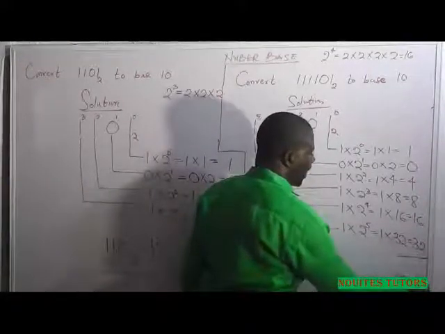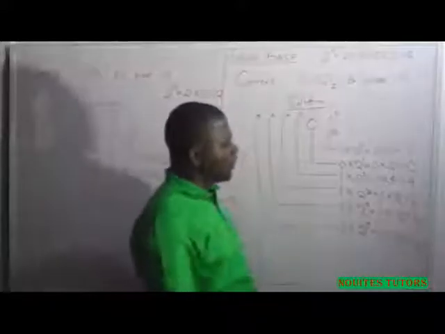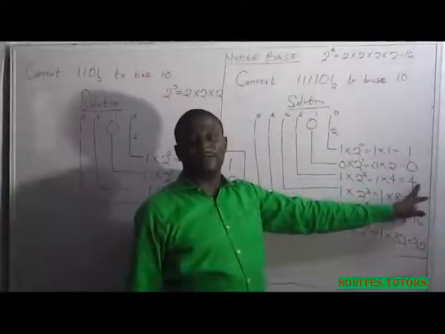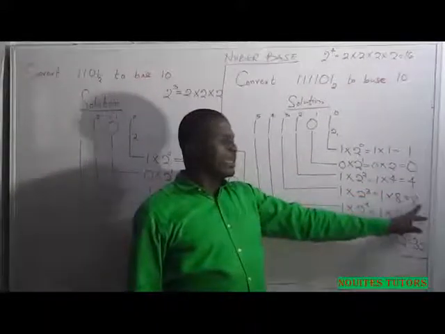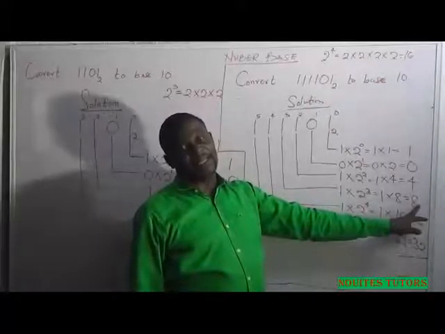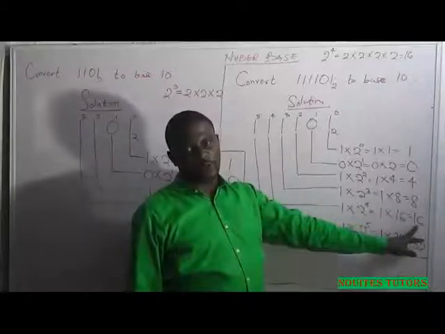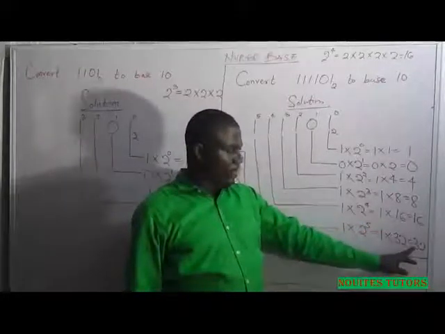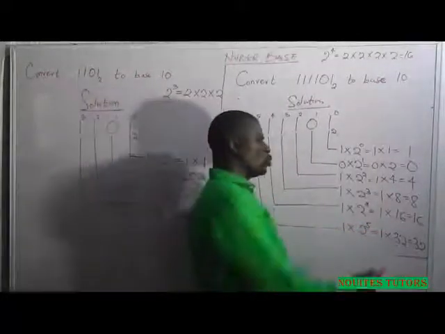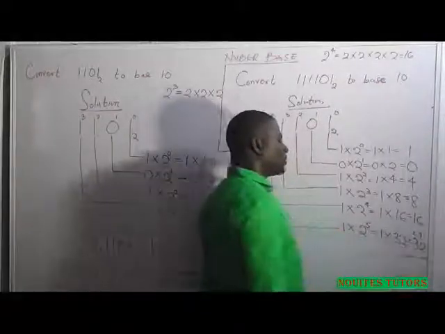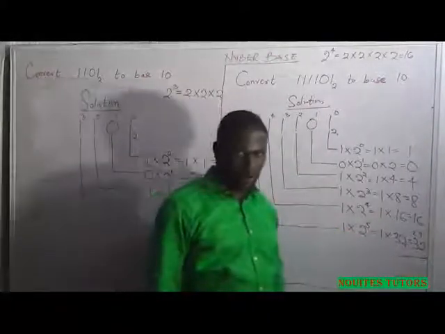So now you want to add this together. So if you say 1 plus 4, that is 5. 5 plus 8, that is 13. 13 plus 16, that is 29. Then you now want to add 29 to 32. That will be what? 61.